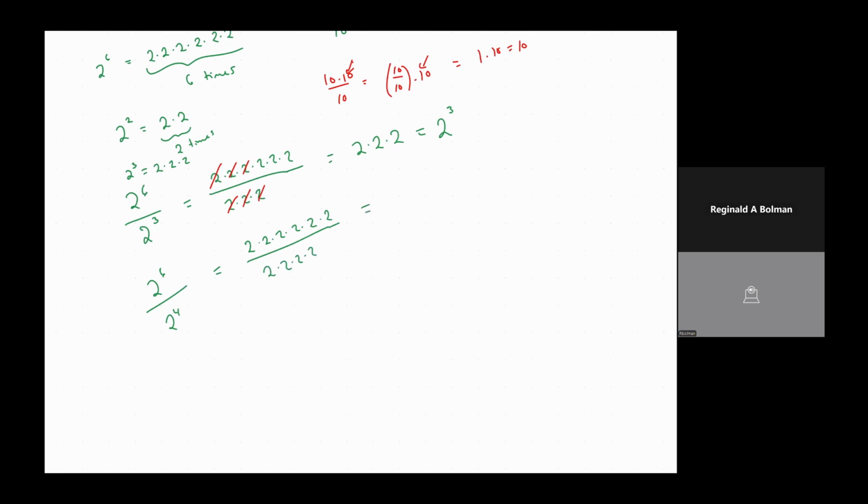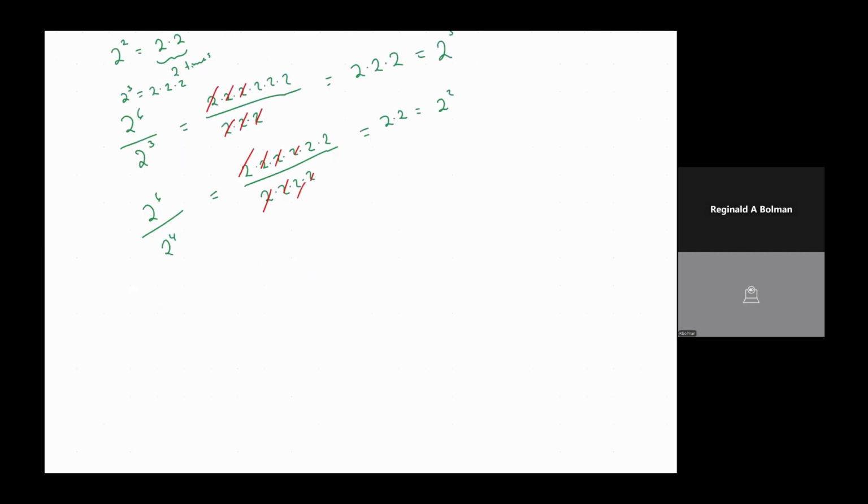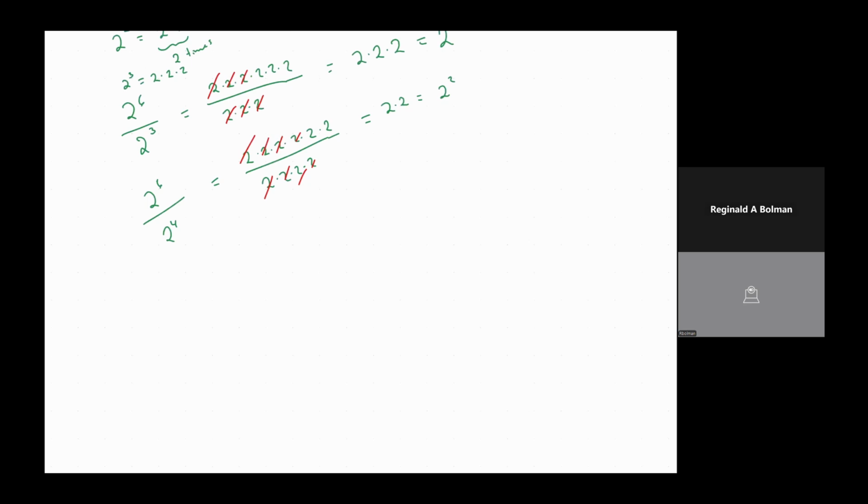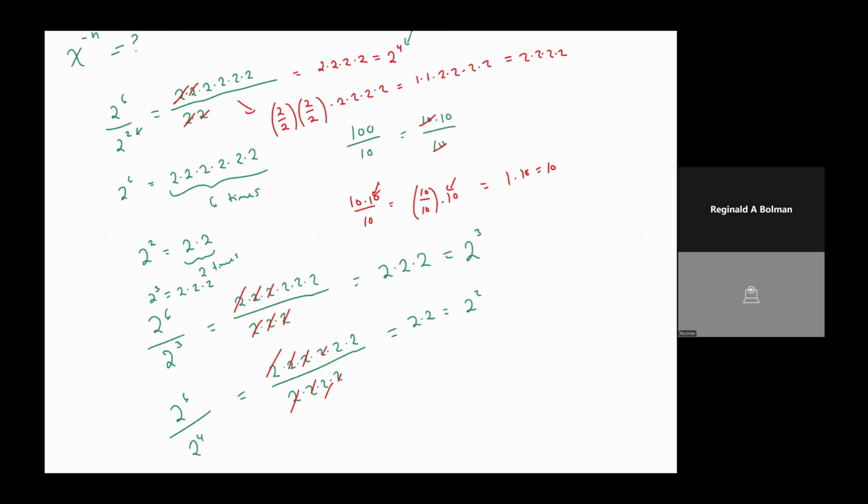We cross out terms that are in common between the numerator and the denominator. So boom, boom, boom, boom, boom, boom, boom. You are left with 2 times 2, or 2 squared. And of course, we can keep doing this however many times we want to. However, after about 3 times, we should be able to establish some sort of a pattern.